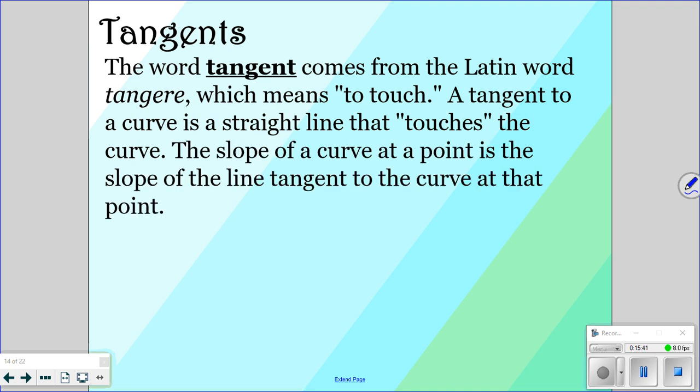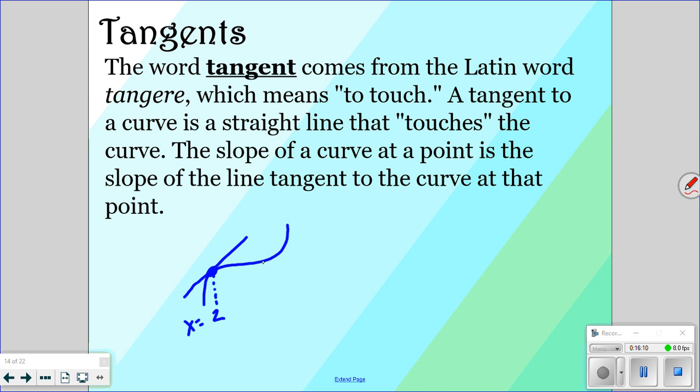The slope of the curve at a particular point is just the slope of the tangent line at that point. So if you look here, if we want to know what the slope right here is, we just need to figure out what the slope of that tangent line is. And that would tell you, at this x value, let's say it's 2, that's our x equals 2, and we want to know what the slope of the curve is at that particular point, we find the tangent line.